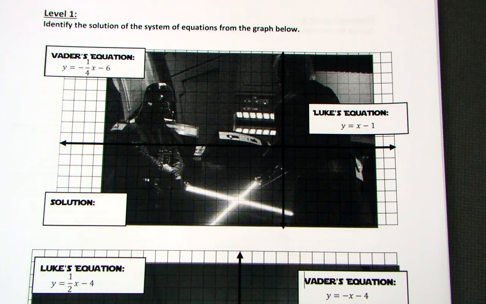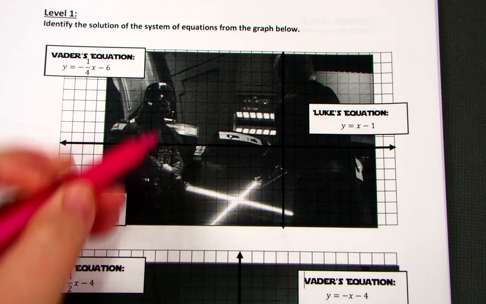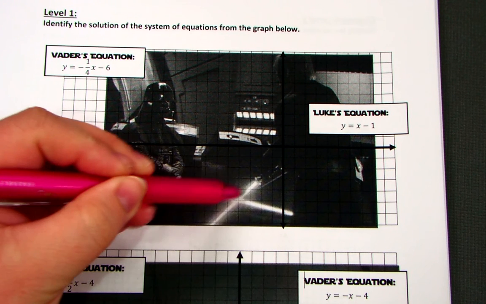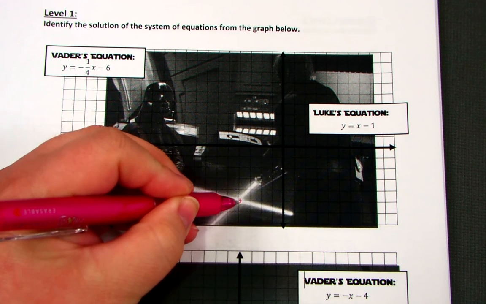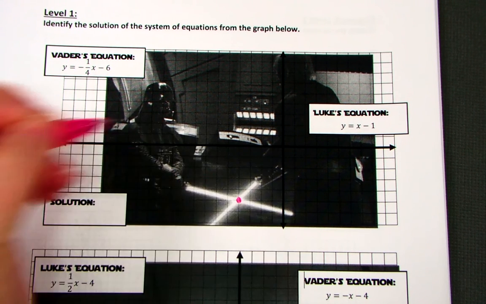They formed lines. And the solution to that system of equations is the point at which they both cross. So I can see that Darth Vader's equation is right here. Luke Skywalker's equation goes down here, and the point at which they cross is right here. So we need to name that point.